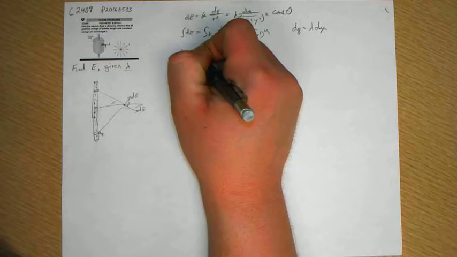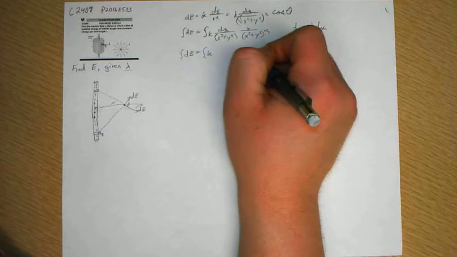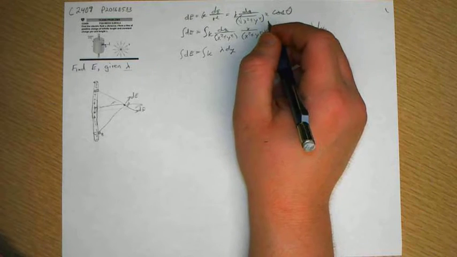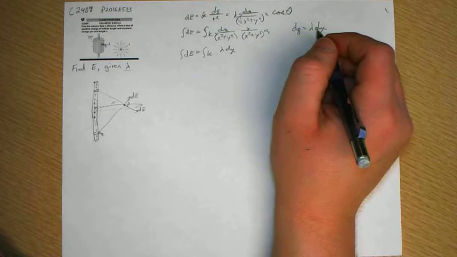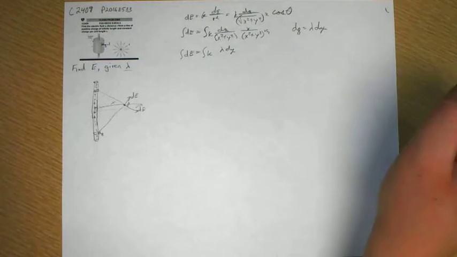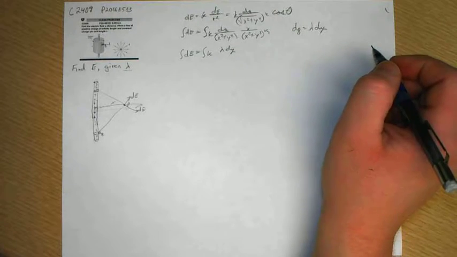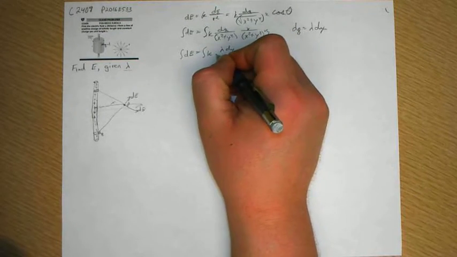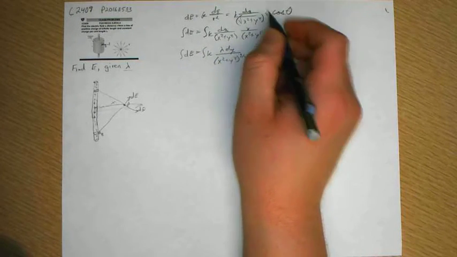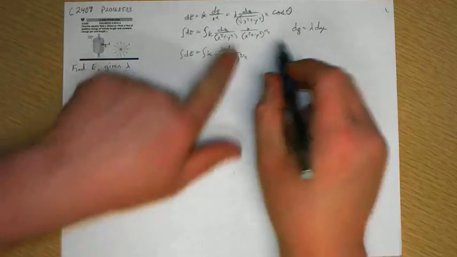So dE equals k lambda dy over x squared plus y squared to the 3/2, and I believe there's an x in there. Yeah, the x goes in there.